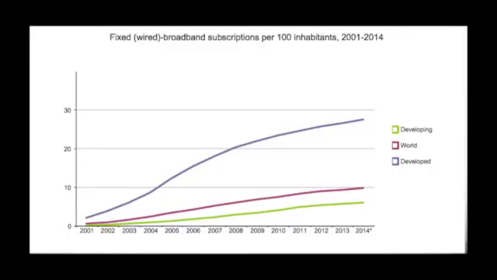Bulk of them are now using a cell phone for it. You can see the vast difference in terms of subscription per 100 people. It's catching up, developing world is catching up. But one doesn't know how long it's going to take before they actually catch up. We are told that they will probably catch up to the developed world by 2050.